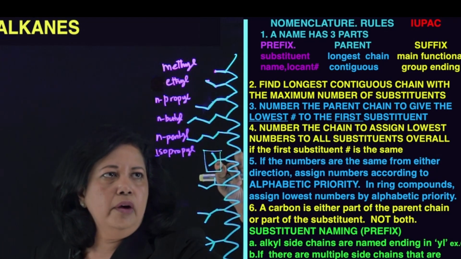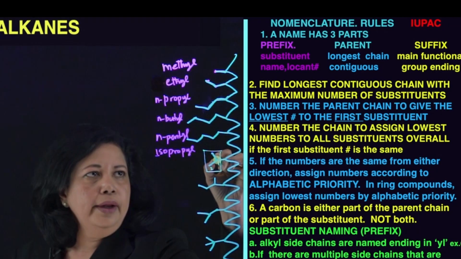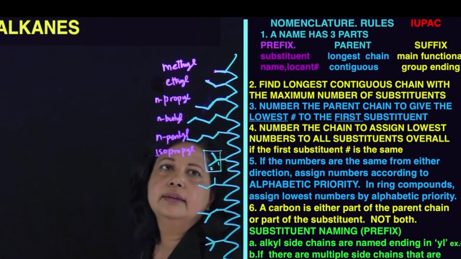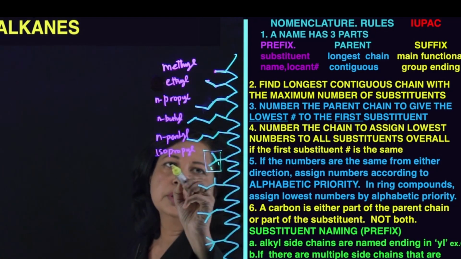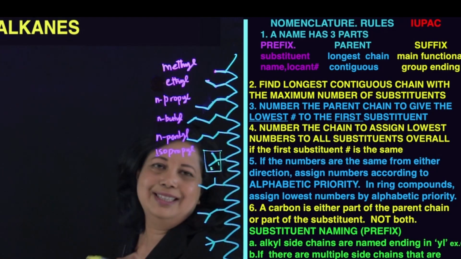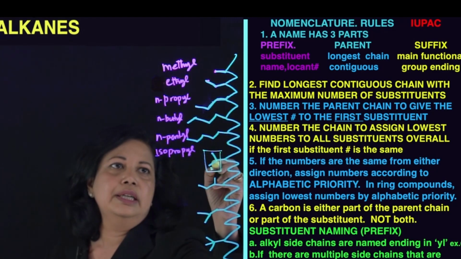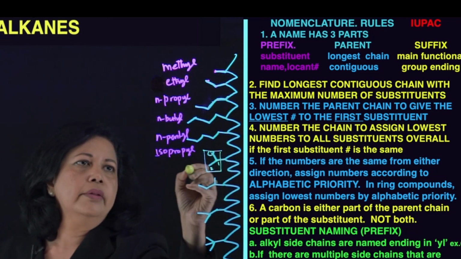Here, that longest chain is 2 carbons. 1, 2. At the branch point, you have to start counting the longest chain. The rest are treated as side chains of the side chains. So here 1 has got a methyl. So this is 1-methylethyl.